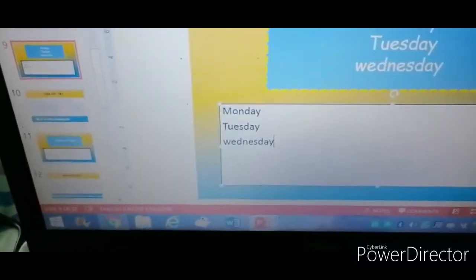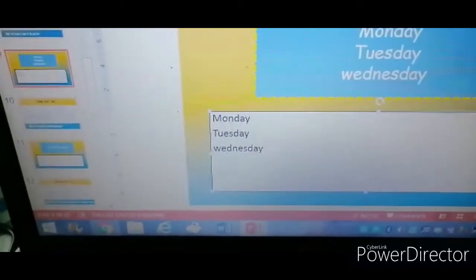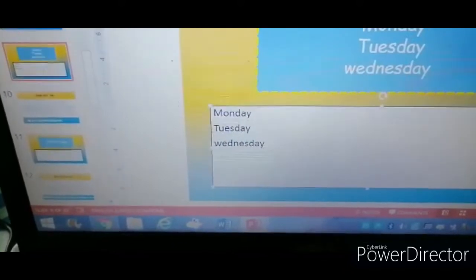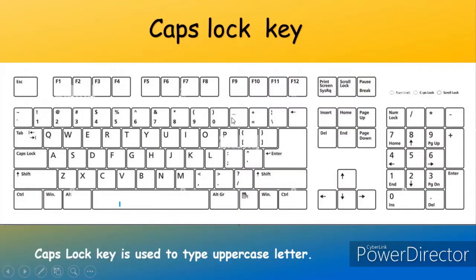Wednesday, each are on a different line. Caps lock key. So why do we use the caps lock key? We use it to enter uppercase letter, or we can say capital letter.